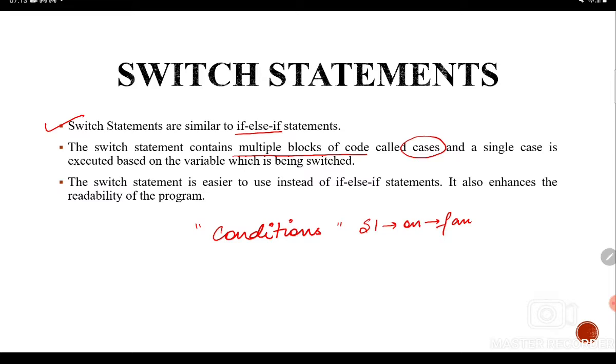So here also, if this particular variable is chosen within the switch statement, then a particular block of code would be executed, out of the multiple blocks. So the switch statement is easier to use instead of if else if statements. It also enhances the readability of the program.